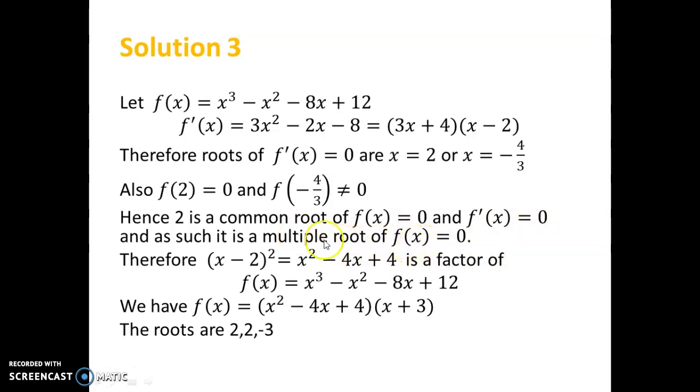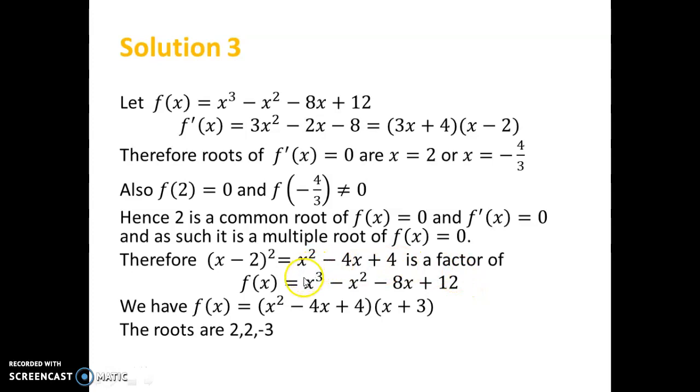Therefore, we can conclude that 2 is a multiple root, or double root, of f of x equal to 0. Therefore, x minus 2 whole square, that is x square minus 4x plus 4, is a factor of the given polynomial function f of x equal to x cube minus x square minus 8x plus 12.